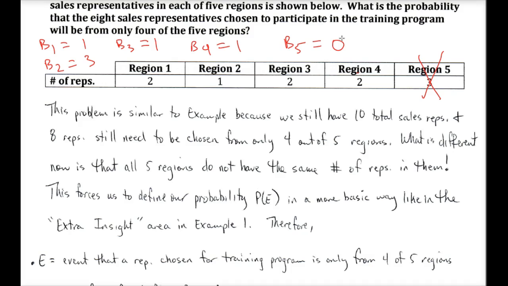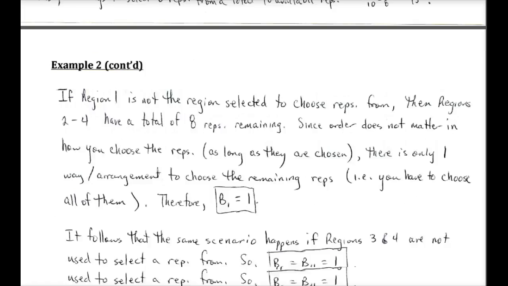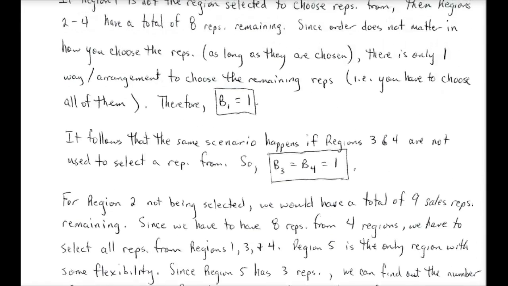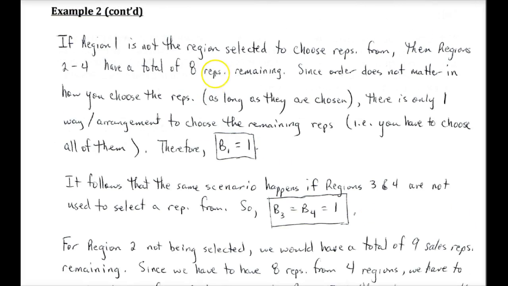If we take all this and look at what we're asked to do, we can just add all these numbers up. So I'm going to go back to where we were here. This explanation just goes into all the stuff that we just talked about: if we exclude region 1, there's only one way to do it because we have 8 representatives left.